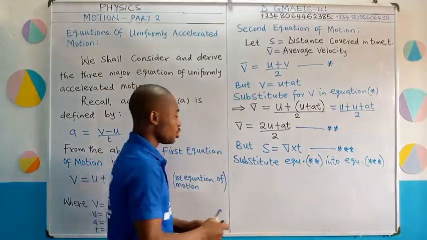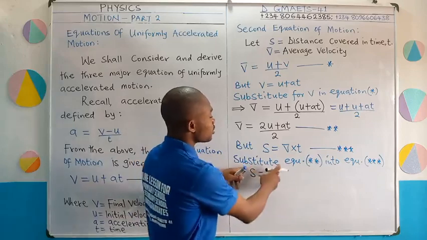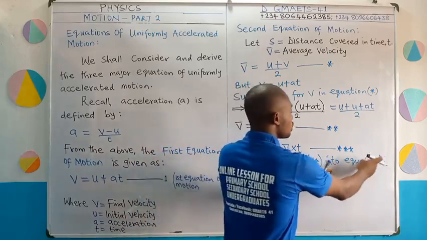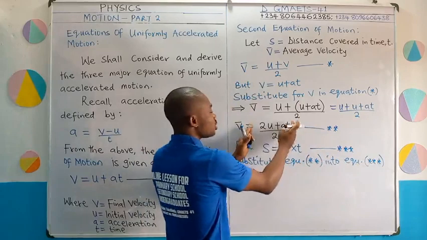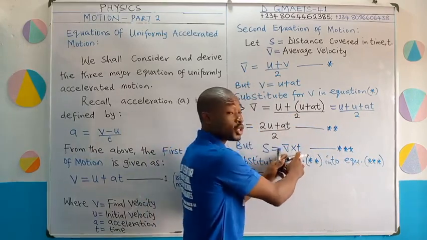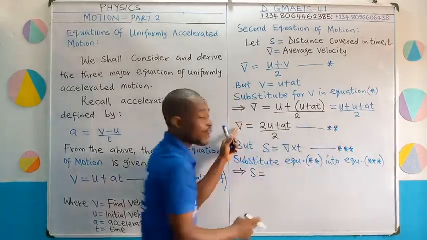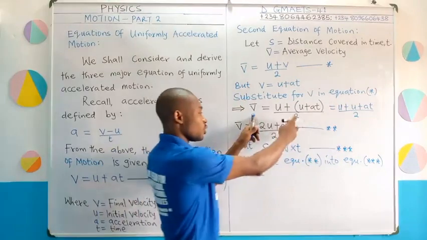Now, let us look at what we do here. This implies that my distance s will be equal to, when I say substitute equation star star into equation star star star, it means I should pick equation star star and fix it into equation star star star. This equation double star defines average velocity for me. This whole thing is average velocity.